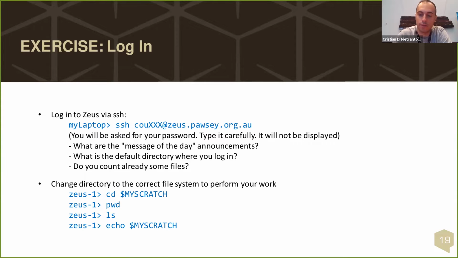But these commands are running on the login node, and they are to be used to prepare your workflow and to submit the jobs to the scheduler. I'll give you a couple of minutes to try this one.